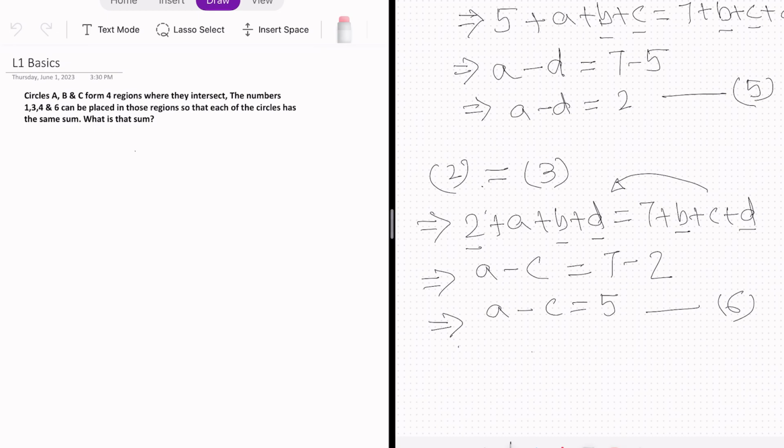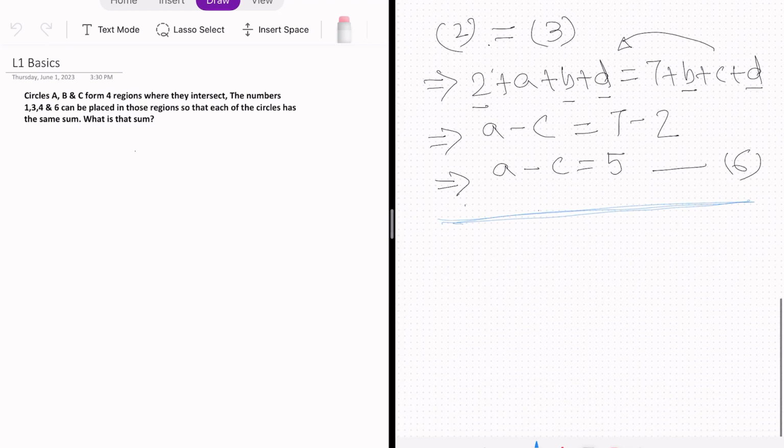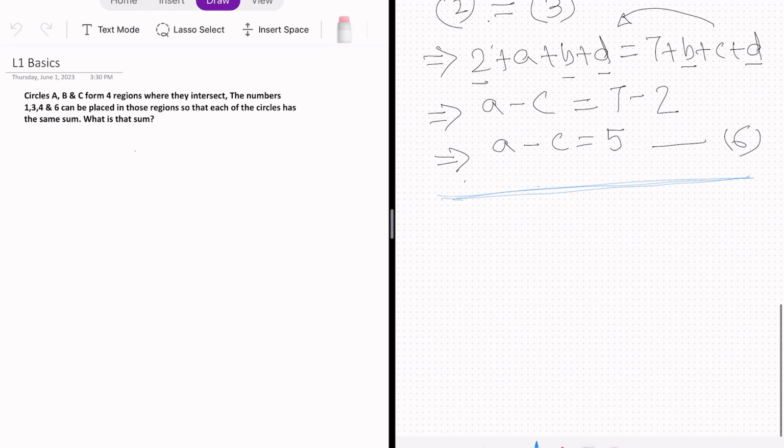So now, since this is so spread out, I'll just summarize what I just did as part of equations 4, 5, and 6. I did D minus C is equal to 3.